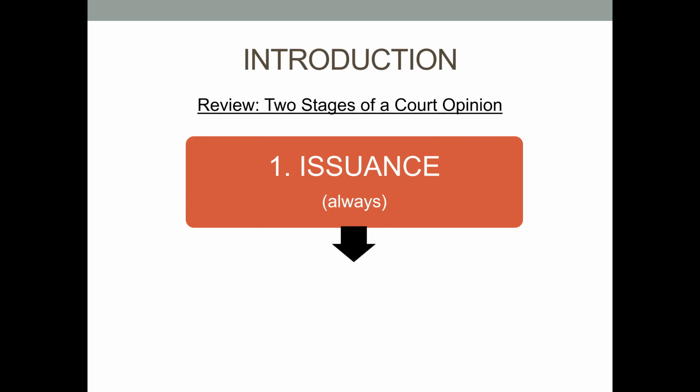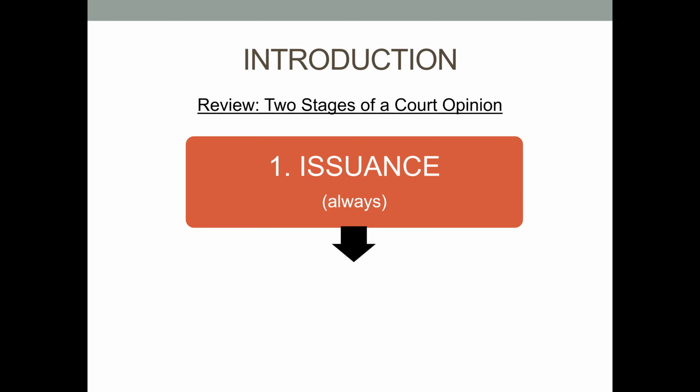Now, if you'll recall, issuance of an opinion includes the court actually authoring the opinion, and then it gets printed out, one or more of the justices sign it, and then the court clerk is instructed to file a copy of the opinion in the official file of the court relating to the lawsuit.